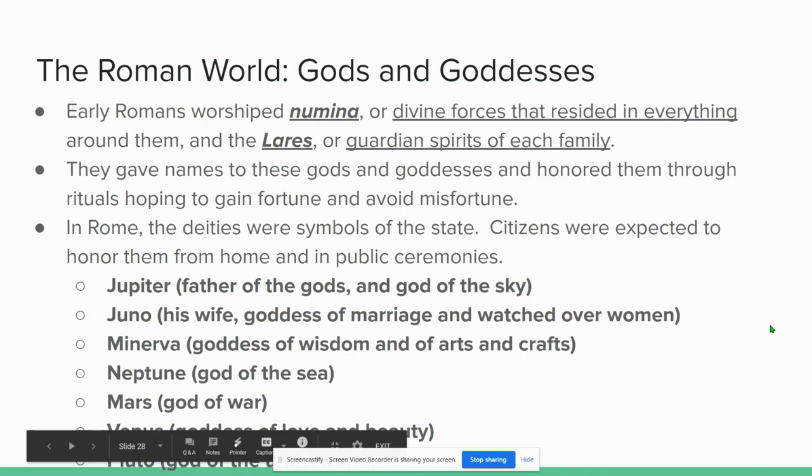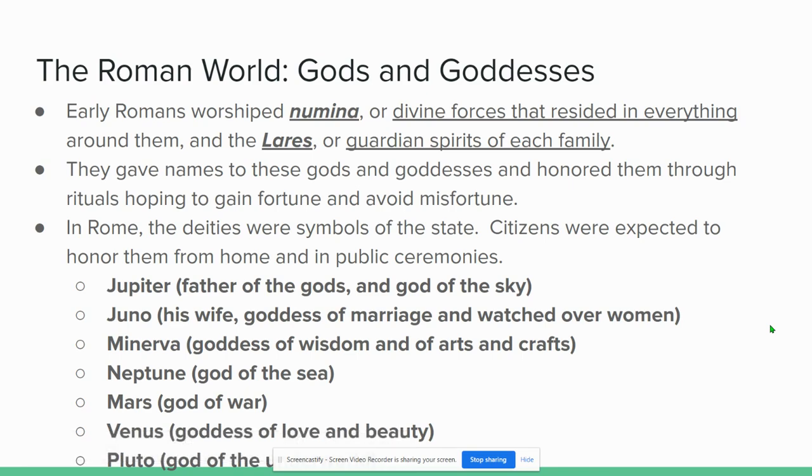Now, when we had talked about Greek mythology, you'll notice one big commonality between the Romans and the Greeks. The Roman religion was very similar to Greek mythology. So the early Romans worshipped what were called numina, which were divine forces that resided in everything, and the lares, which are guardian spirits for each family.